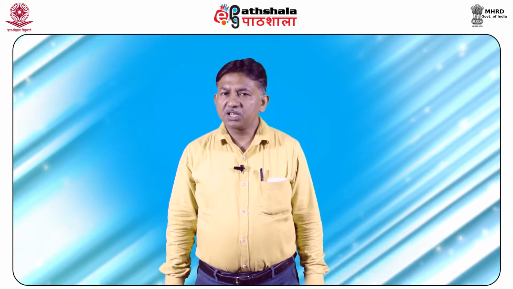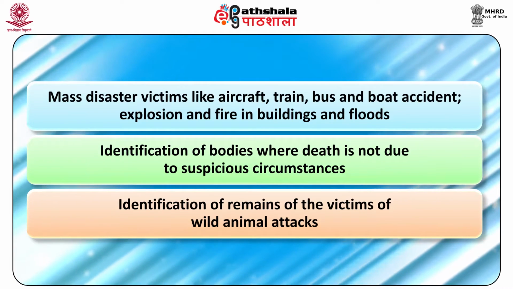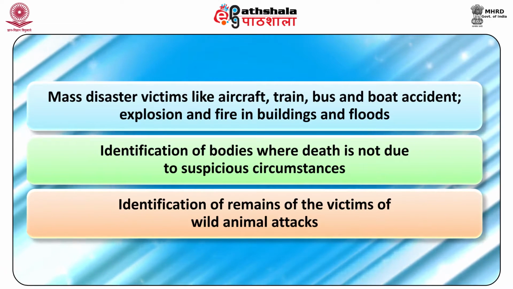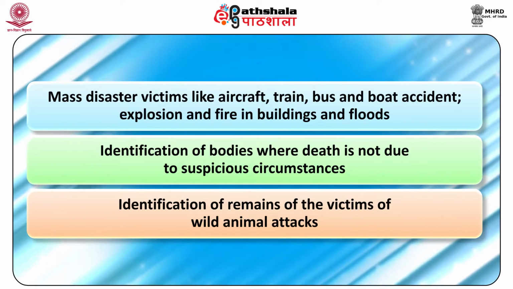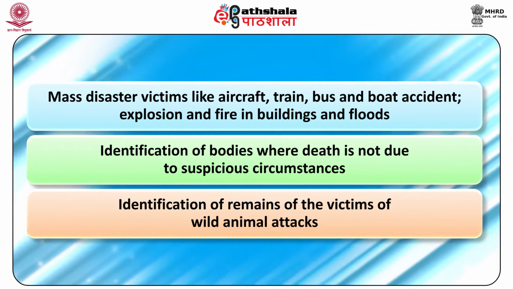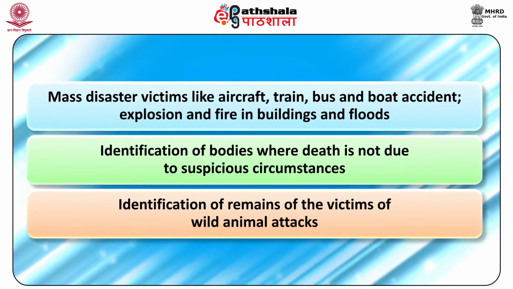The non-criminal nature of identification may include mass disaster victims like aircraft, train, bus and boat accidents, explosion and fire in buildings and floods. Then identification of bodies where death is not due to suspicious circumstances. And third, identification of remains of the victims of wild animal attacks.